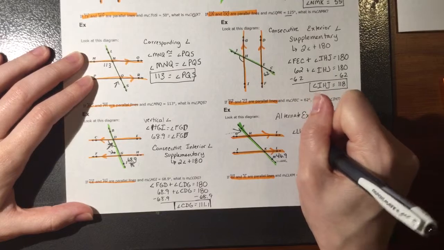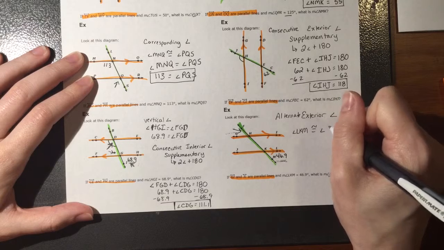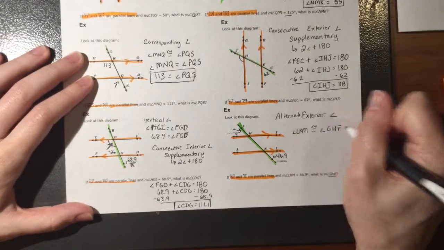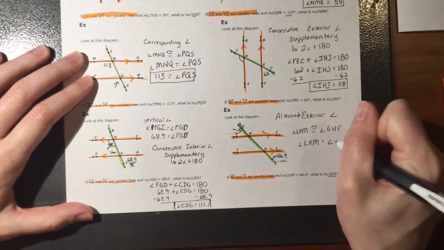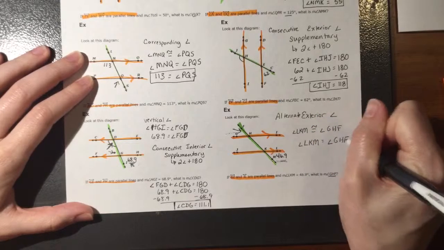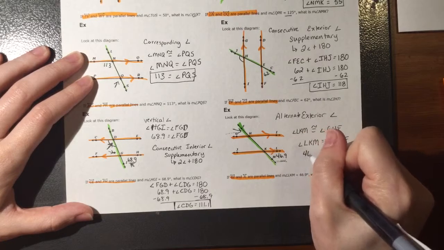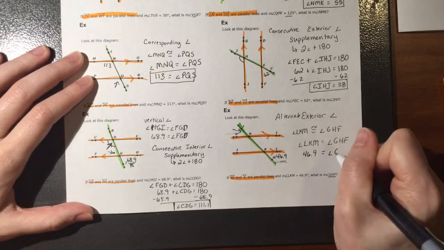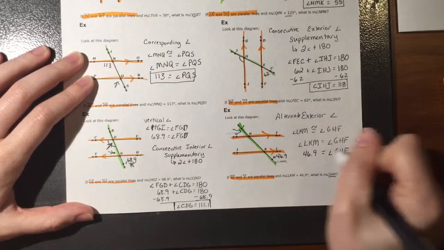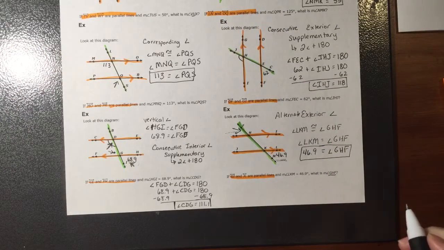So angle LKM is going to be congruent to angle GHF. So angle LKM, we can say it's going to be equal to angle GHF. So LKM we know is 46.9, so that's going to tell us that angle GHF is going to be equal to 46.9.